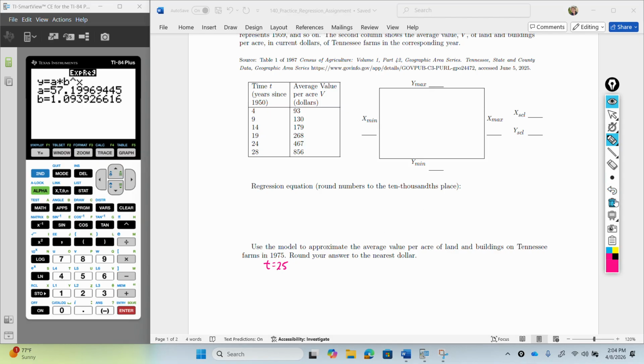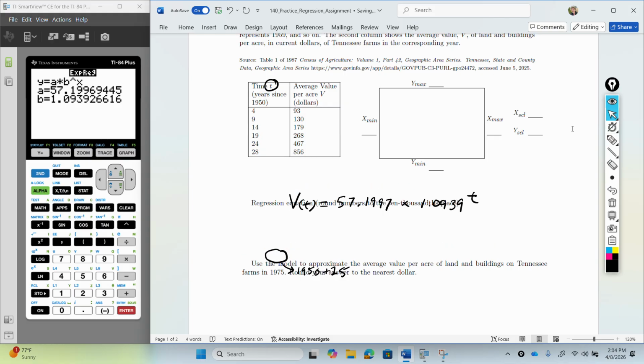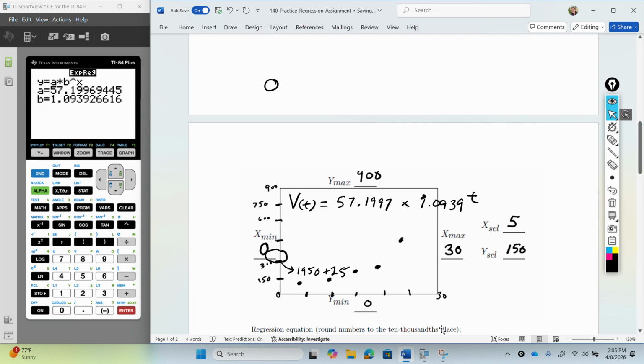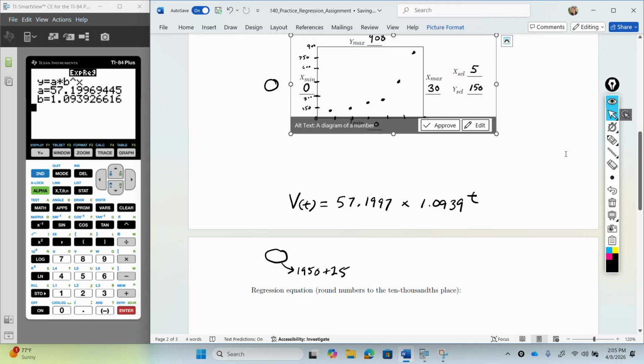And I just erased the equation. This is what I don't like about the pen. Let me try and correct that. So there we are. I've got that. I'm going to keep that.